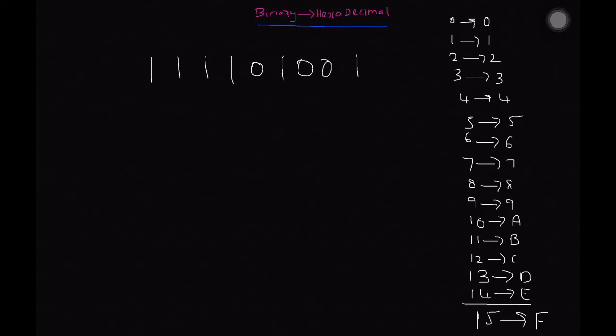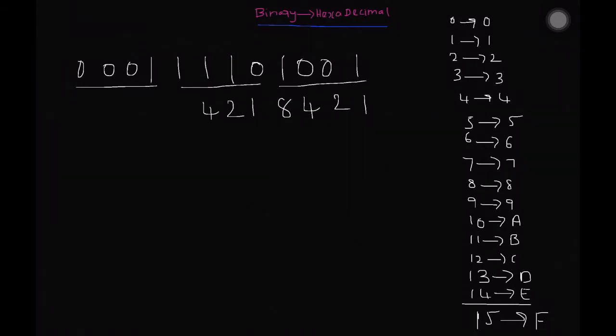Now we want to convert it into a hexadecimal number. We want to divide it into 4 parts. 1, 0, 0, 1, 1, 1, 1, 0, 0, 0, 0, 1. Here 1, 2, 4, 8, 1, 2, 4, 8, 1, 2, 4, 8. We need to add up the 1 values.